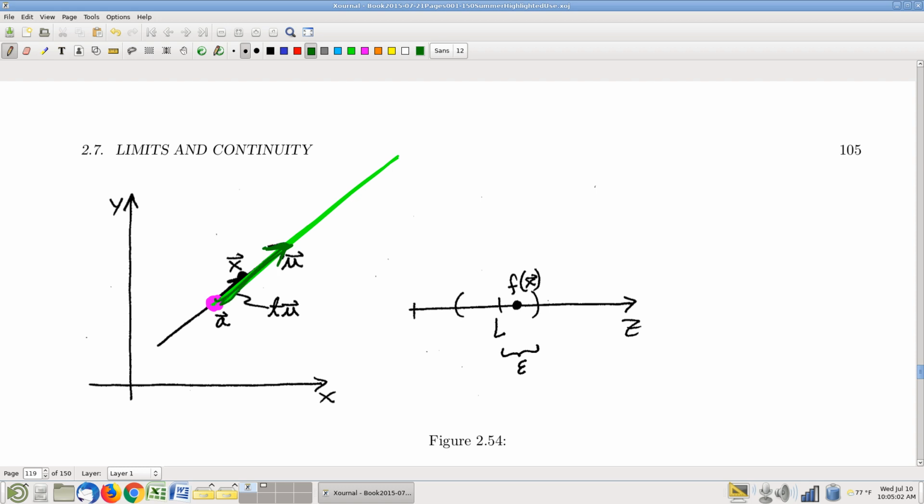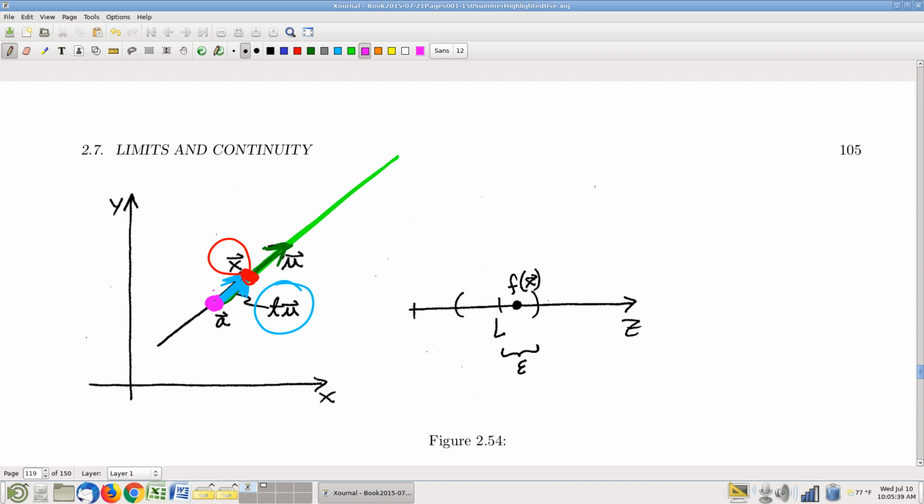Then let's look at a multiple of that direction vector, tu. How about I just write down a plus tu? If I want x to approach a, I just need t to approach 0. Right? I mean, x minus a is tu. If t approaches 0, x approaches a.